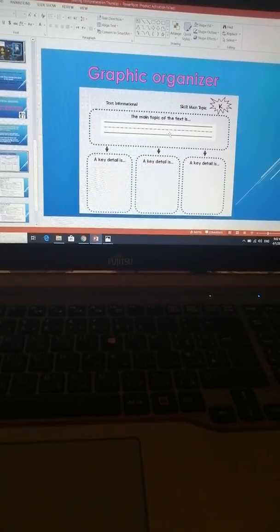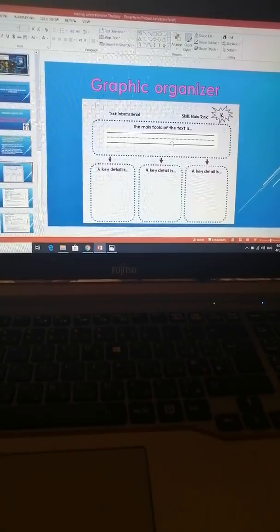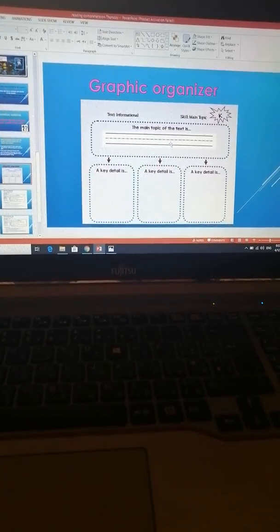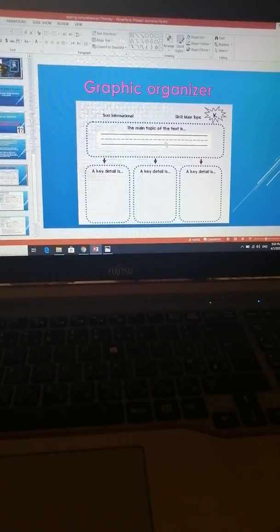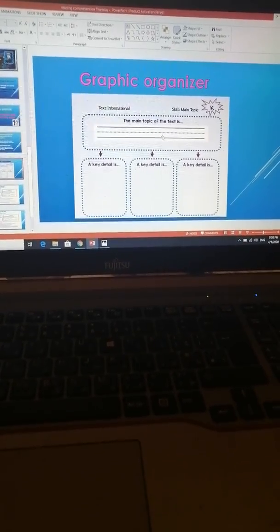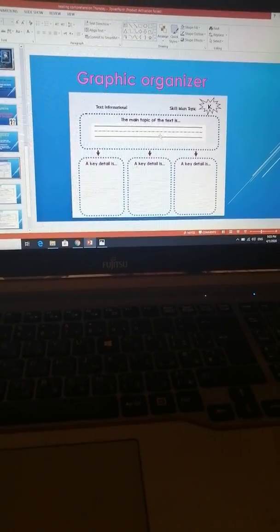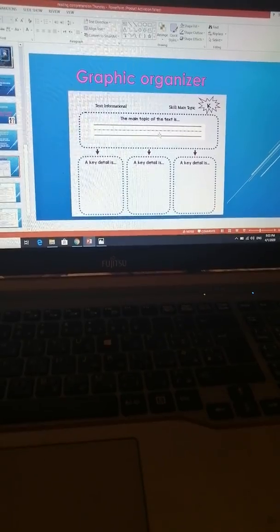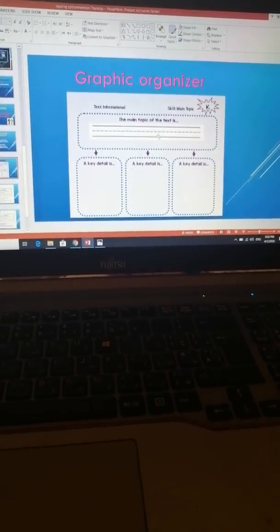Marine habitat means that the story is talking about the ocean and what animals and plants can live there and why. So the main topic is about the ocean and why the ocean is a good home for many plants and many animals and why they can live there.